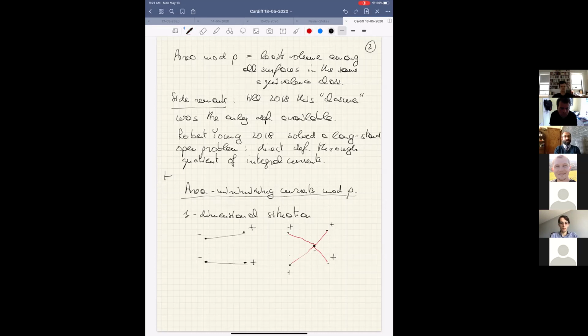So this is going to be a minimizer mod 4, because the central point has multiplicity 4, but not a classical minimizer in integral homology.